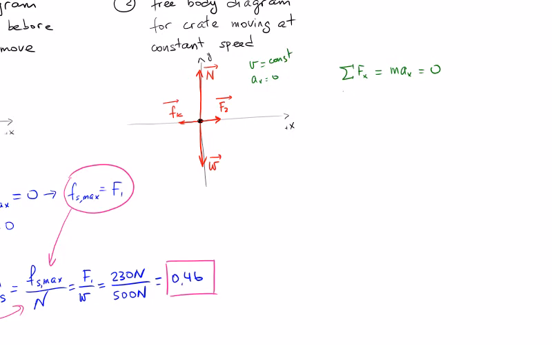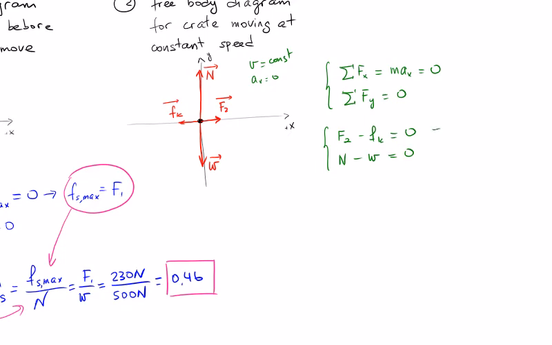And sum of the forces by y equals 0 because there is no motion on the y-axis. So let's rewrite these equations with the forces included. I have F2 minus Fk on the x-axis equals 0. And on the y-axis, normal force minus the weight equals 0 as well.